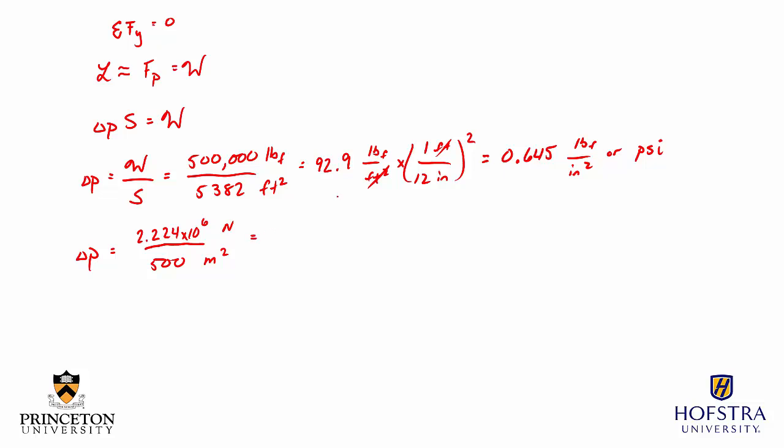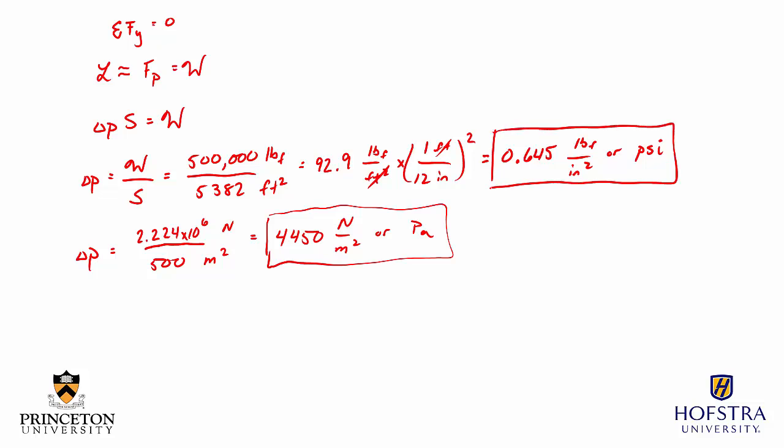This gives me 4,450 newtons per meter squared, which is of course a pascal. So there is your solution: the average pressure difference over the wing of a Boeing 747 is 0.645 psi, or 4,450 pascals.